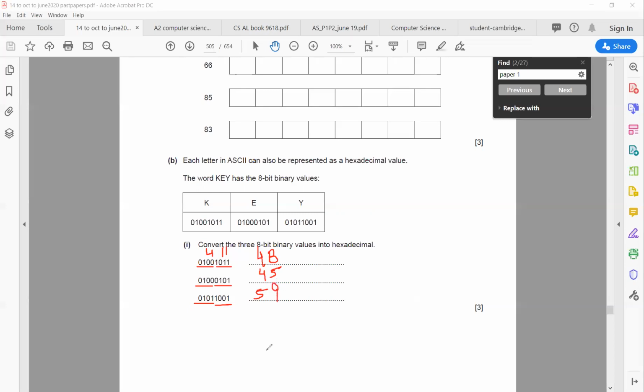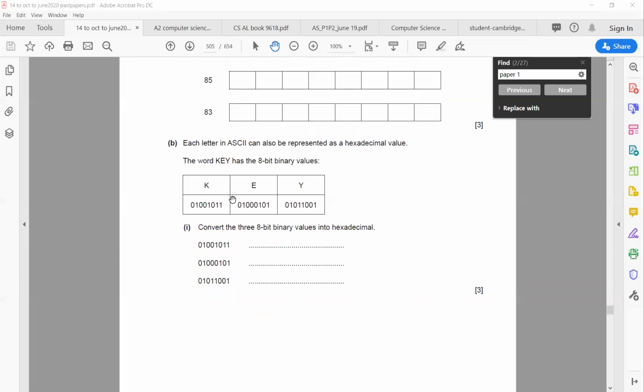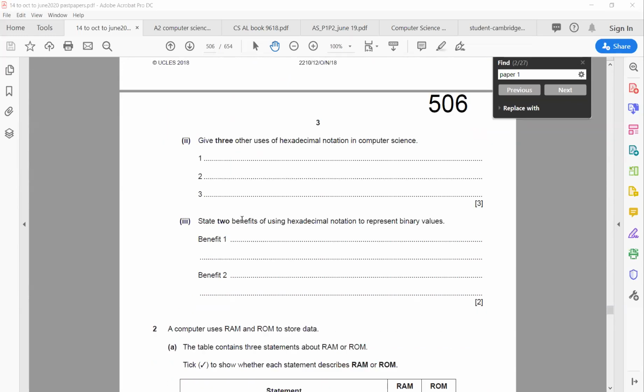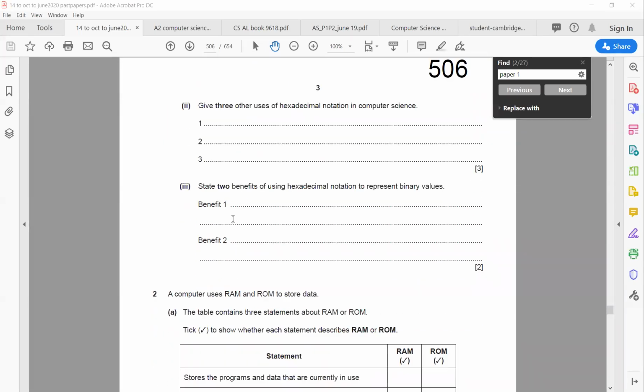Okay जी, that is the hexadecimal, ठीक है। ये 5 होगा and this one will be 9, and in the same way ये सारे लेटर represent होगा। Okay जी, now let's move to the next question.